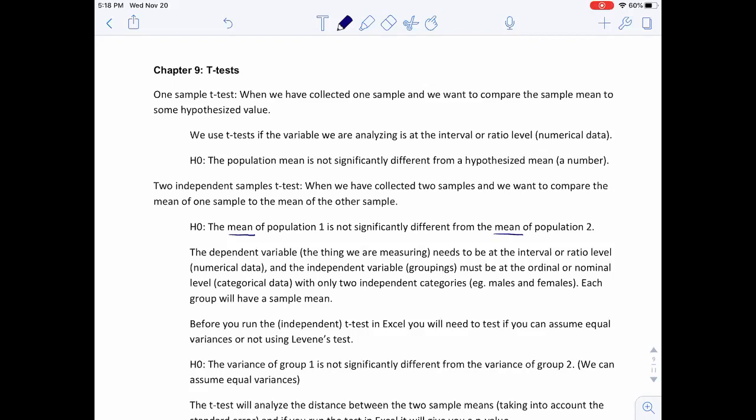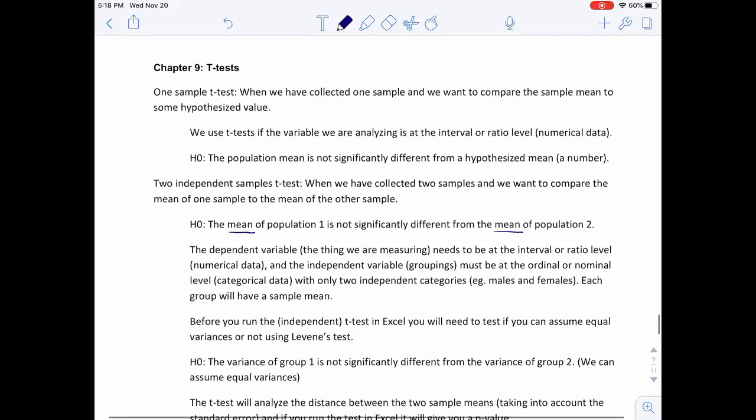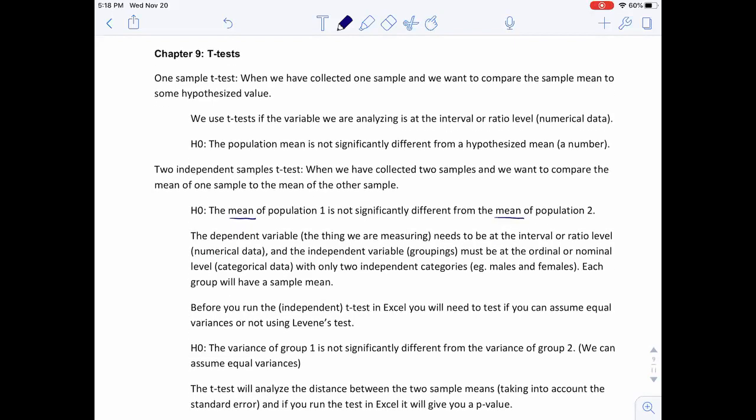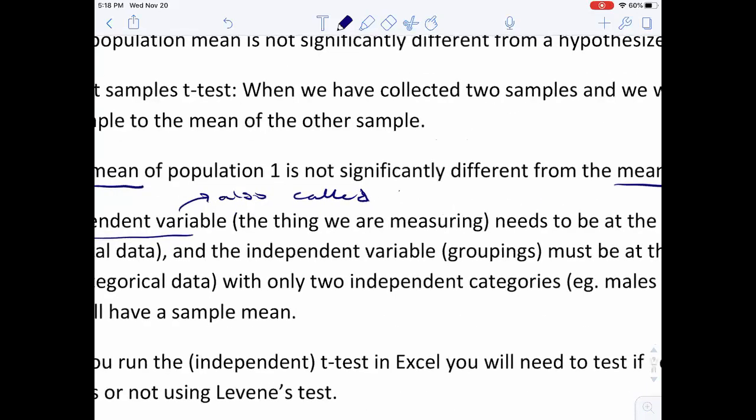So it gets a little dicey just because we've got dependent variables and independent variables in our independent and dependent t-tests. The dependent variable is also called the outcome variable.